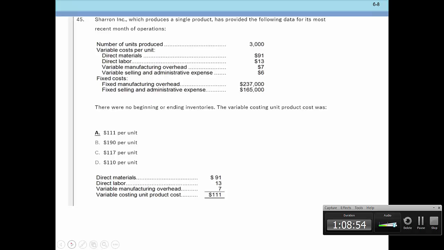Okay, and so the next question wants the variable cost per unit, which is going to include what? Obviously our direct materials, good, our direct labor, and then just the variable portion of our manufacturing overhead, right?